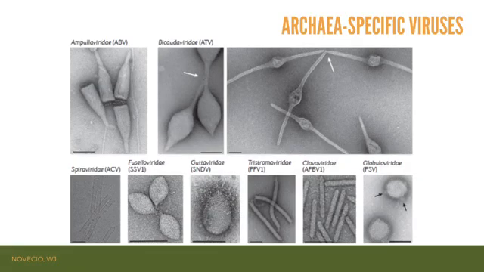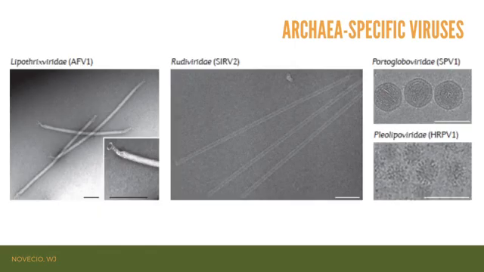Nearly all known archaea-specific viruses infect hyperthermophiles of the phylum Crenarchaeota, and they have a range of unique morphologies that have never been observed among viruses that infect bacterial or eukaryotic cells, such as shapes that resemble bottles, spindles, droplets, and coils, in addition to morphologies common in the biosphere, such as spheres and filaments, as shown here in these figures.